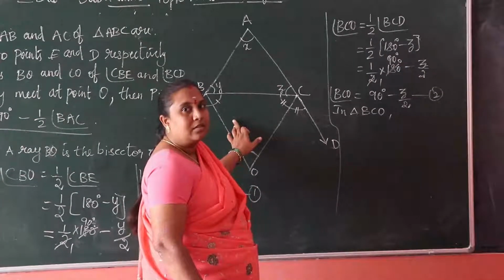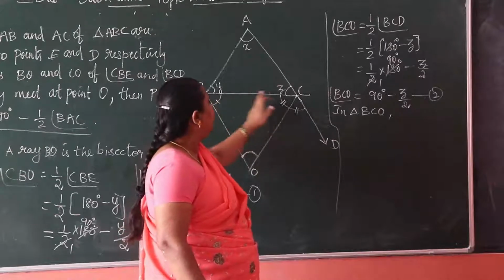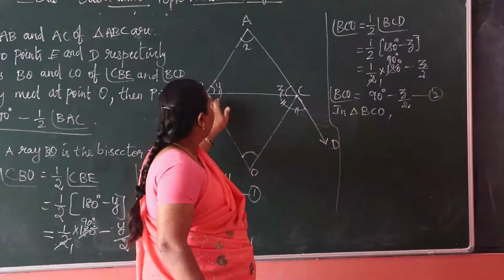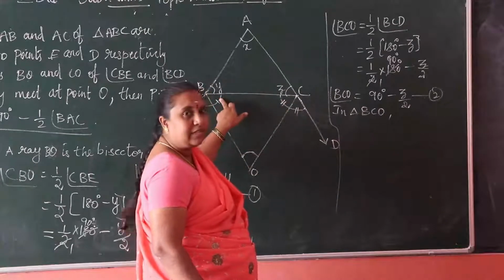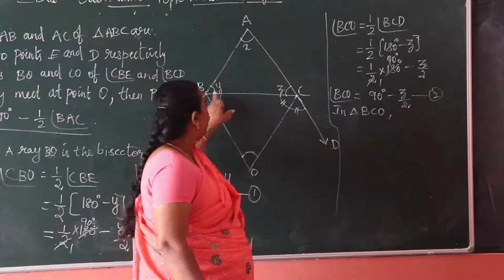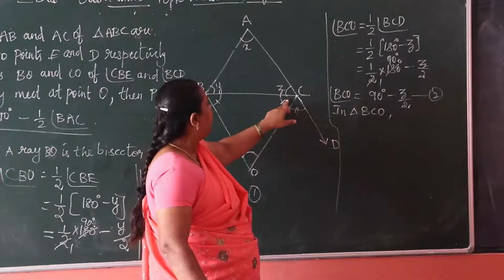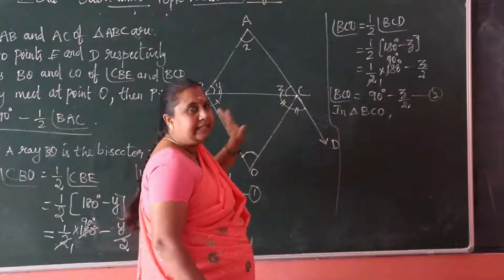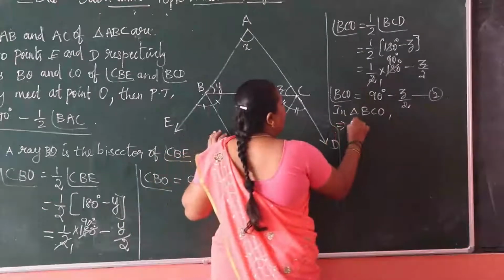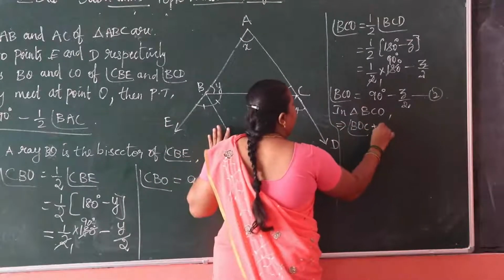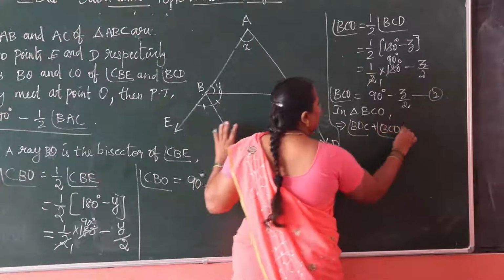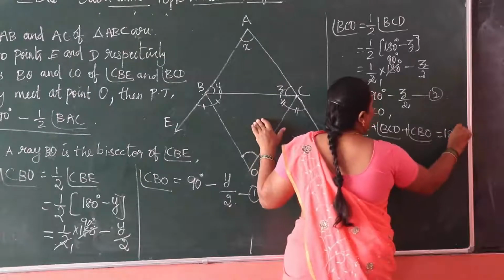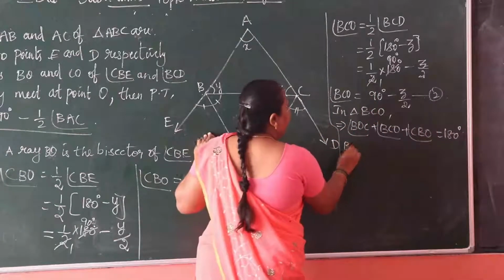So now we take triangle BCO. In this triangle BCO, the sum of the three angles of the triangle equals 180 degrees. So angle BOC plus angle BCO plus angle CBO equals 180 degrees.